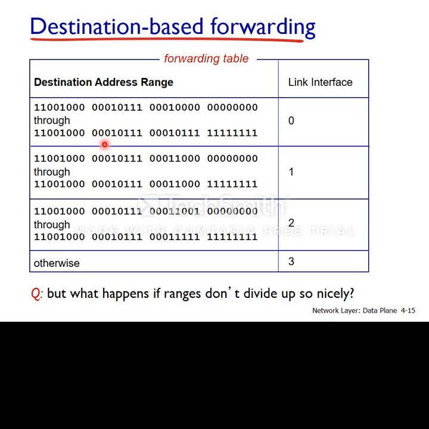And you can see here, we say if the destination address is between 11001000 and 00101111 or 0001 followed by quadruple 0, we're going to output it on output port 0. If it falls in this range, we're going to output it to output port 1. If it falls in this range, we're going to send it to output port 2, and otherwise we're going to send it to output port 3.